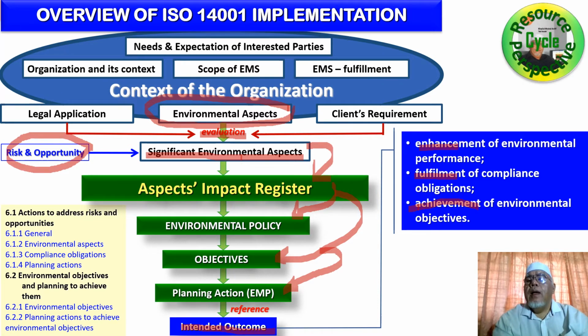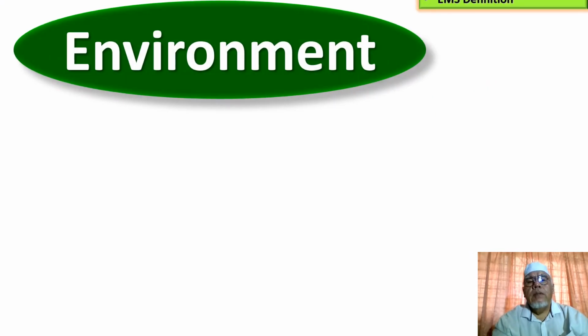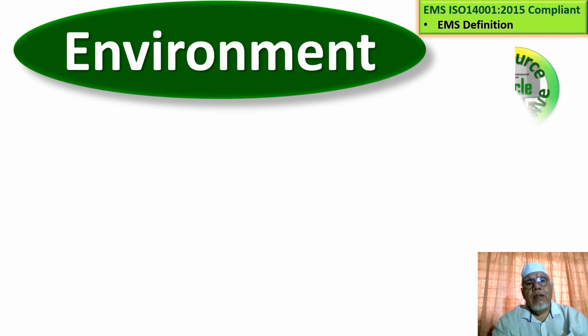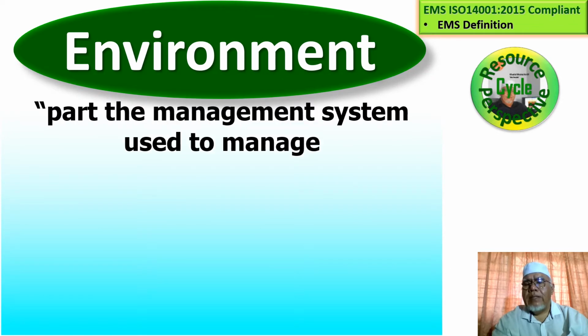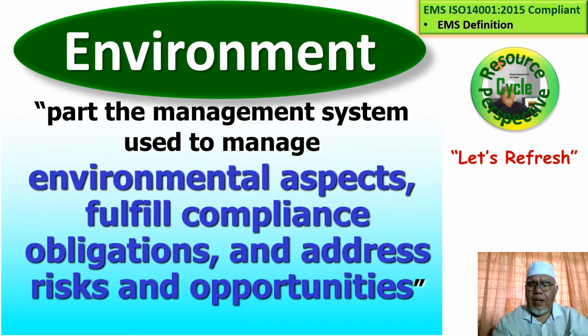Now, as far as environmental management is concerned, let us recap the definition, just in case we get lost along the way. ISO 14001 version 2015 is about managing what? It's all there. Remember this. We are managing environmental aspects. How?